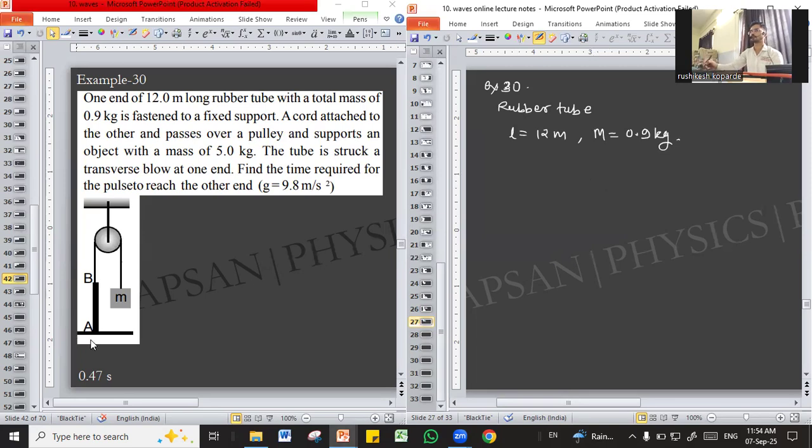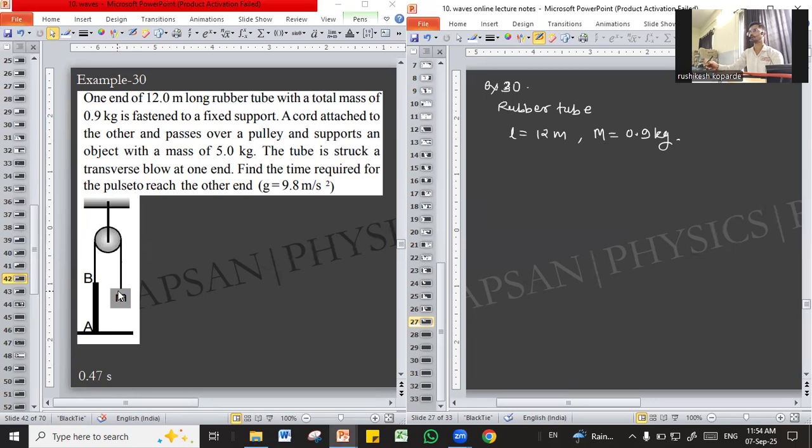This is the fixed support, it has been fixed at point A. To the other end of the rubber tube we have a cord, a string. The cord attached to the other end passes over the pulley and supports an object of mass equal to 5 kg. The tube is struck a transverse blow.